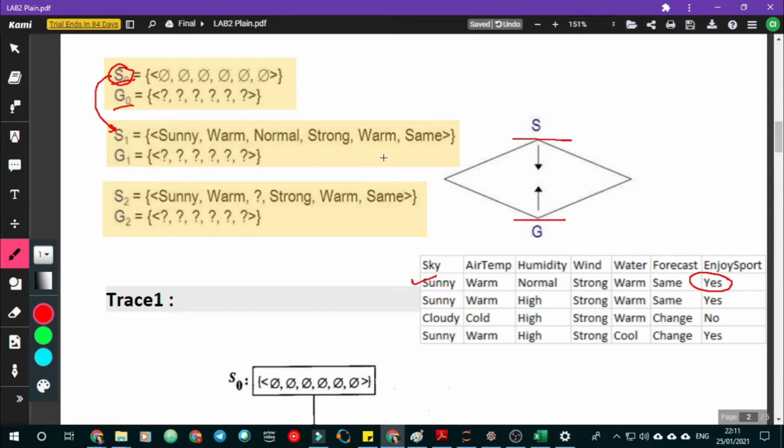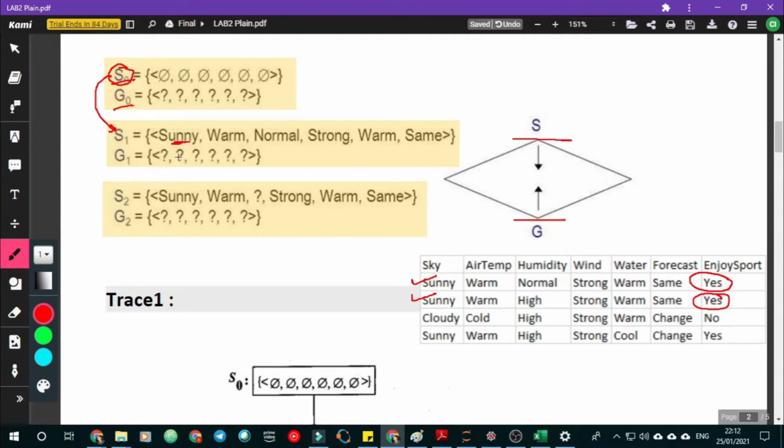Everything is similar to over here. When we read the second data sample, which is positive, we change the specific as well as the general, but here it is not reflecting. I'll explain in the fourth, but I need to explain the specific hypothesis.